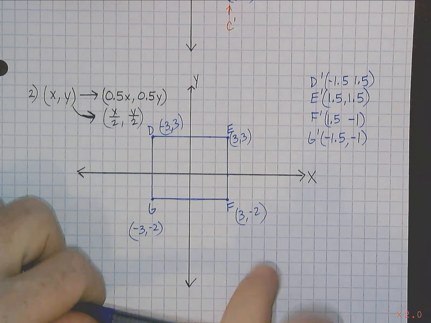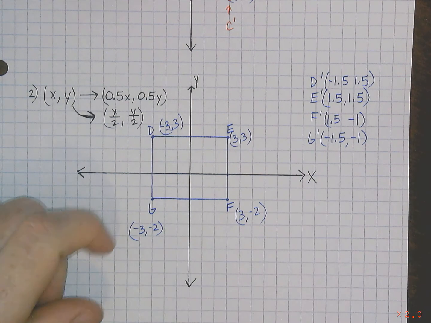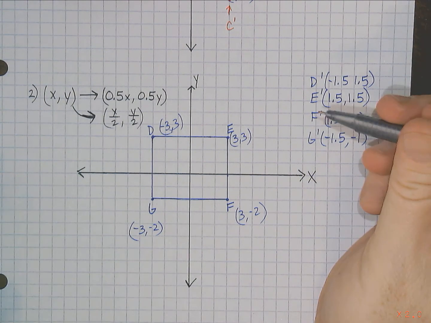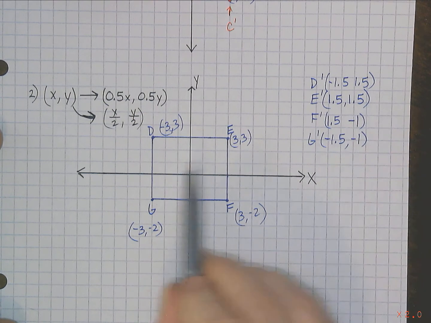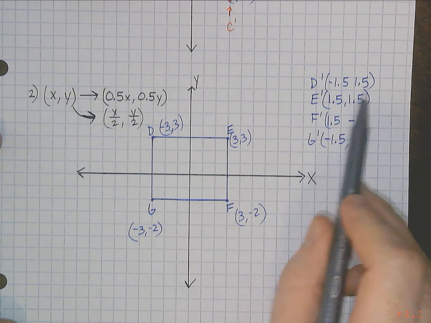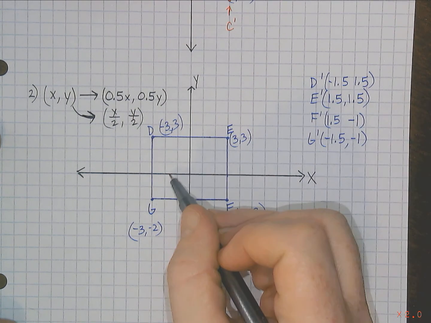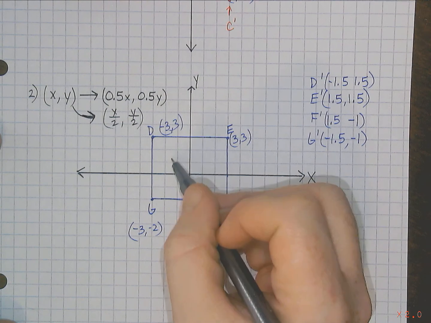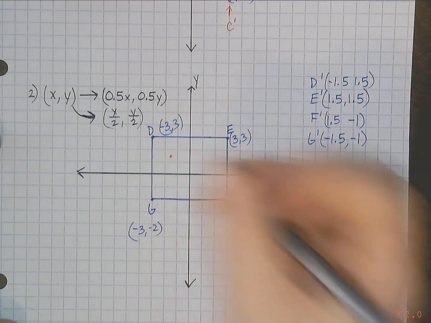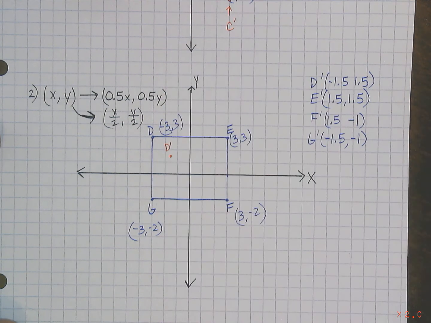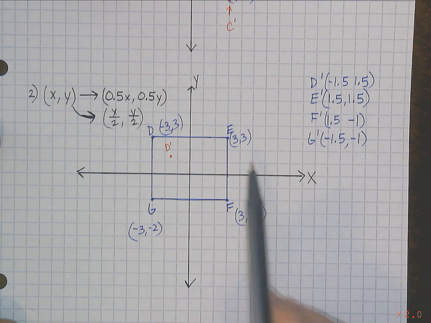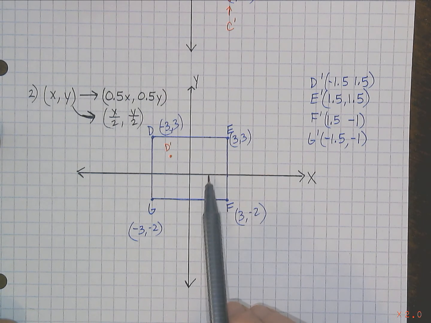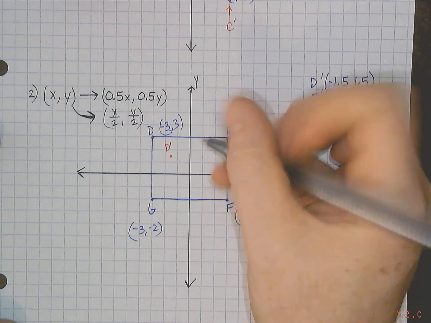So what I'm going to do is switch to a different color so I can graph this in red. So D prime, so look for negative 1.5, 1.5. So negative 1.5, 1.5 is going to go right here. So that's going to be D prime. And then E, 1.5, 1.5, going to be right here.